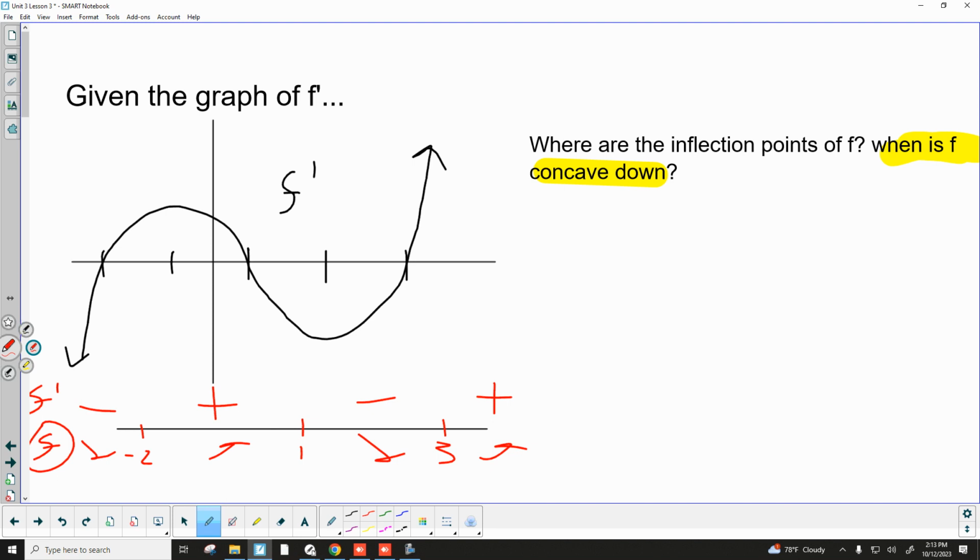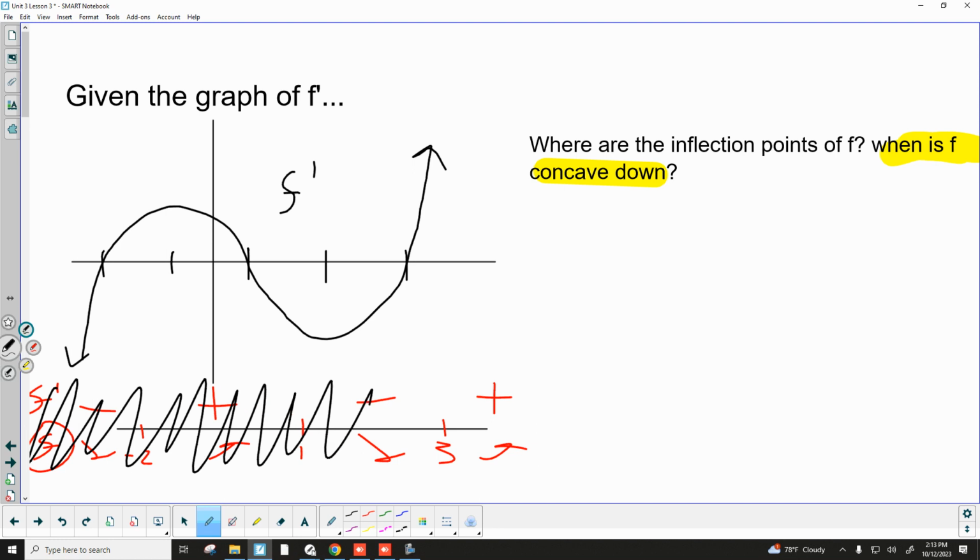Start with the chart. This is important. What do I mean by that? Don't pay attention to this graph over here. Ignore it. Pay attention to the question. f concave down. Okay, I'm going to create just a little chart where I know f is concave down.